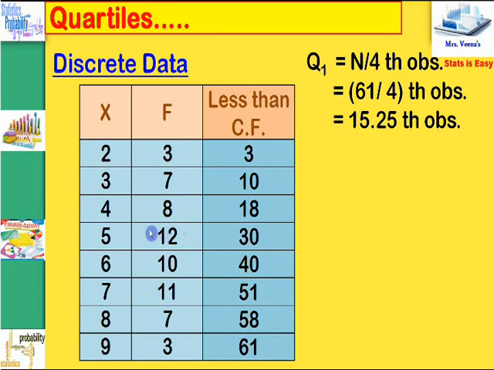Now Q1 is the value of the variable for which the less than cumulative frequency is just bigger than 15.25.